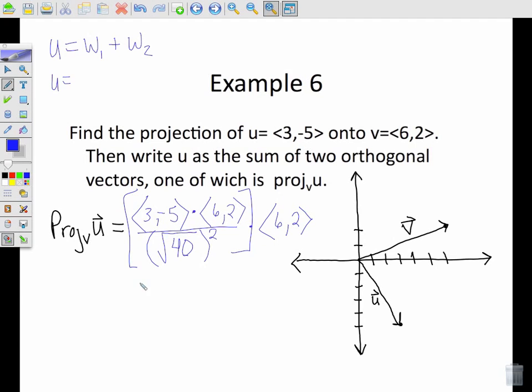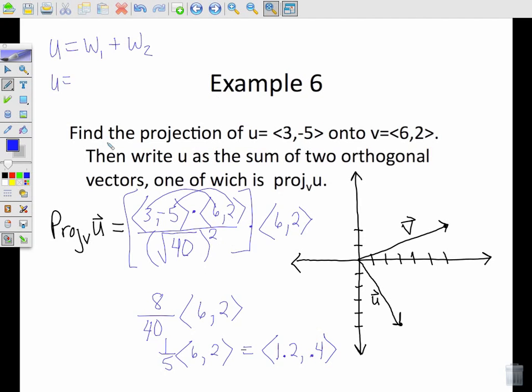All of this right here is going to give us a scalar. Let's do the dot product. The dot product would be 18 plus -10, which is 8, over the root of 40 squared, which is 40, times 6, 2. So we have 1/5 of 6, 2, which equals 6/5, or 1.2, and 2/5, which is 0.4.